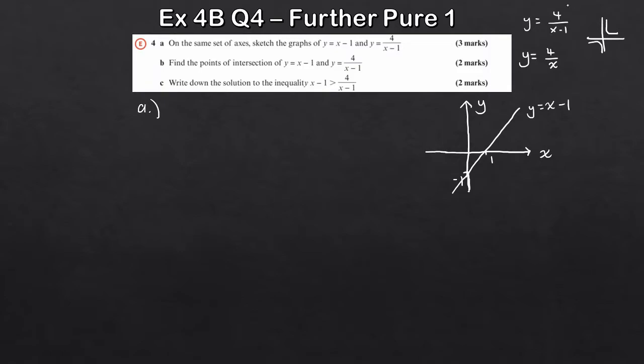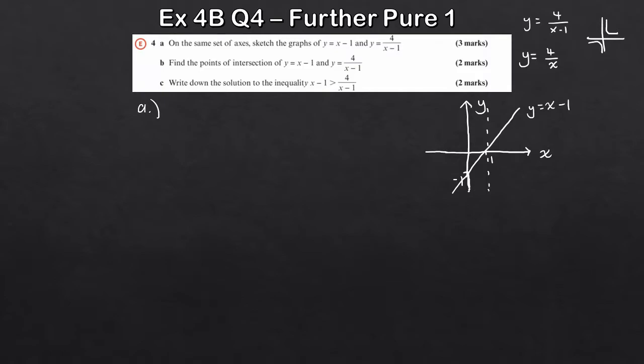Now compare that to the reciprocal graph we're working with for our question. We've got this minus 1 in the denominator. Remember, this minus 1 essentially acts as a translation for the graph, so we're shifting everything 1 unit to the right. So the first thing to know is we're going to have an asymptote at x equals 1.